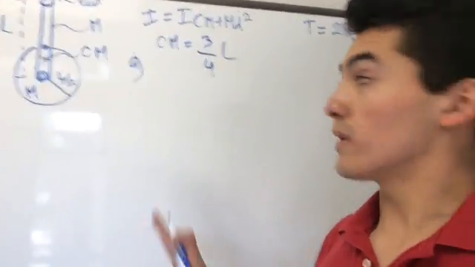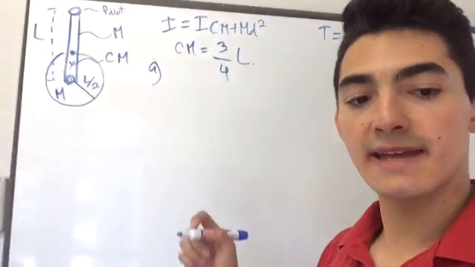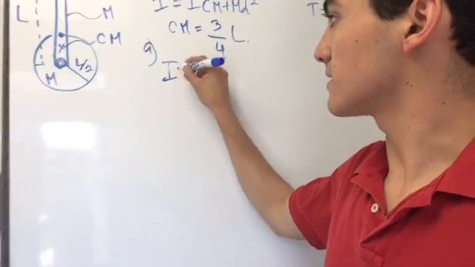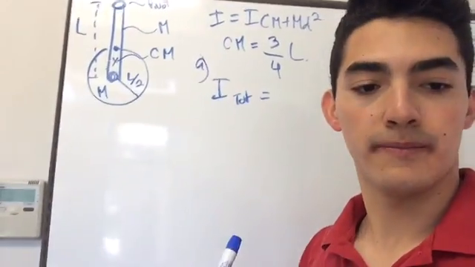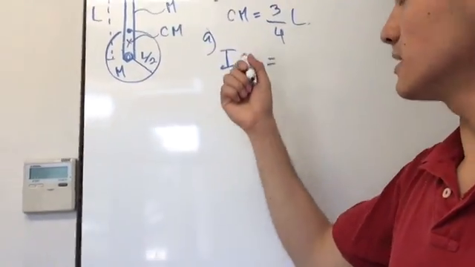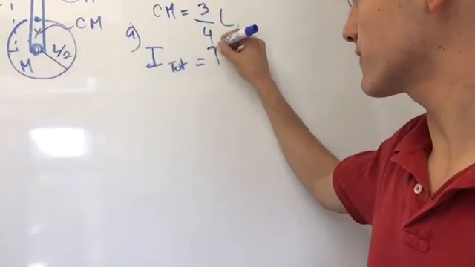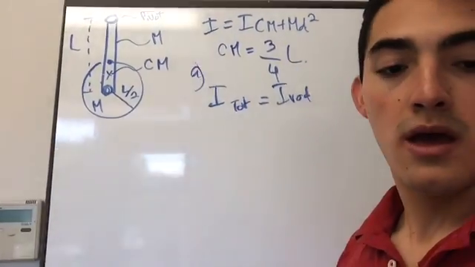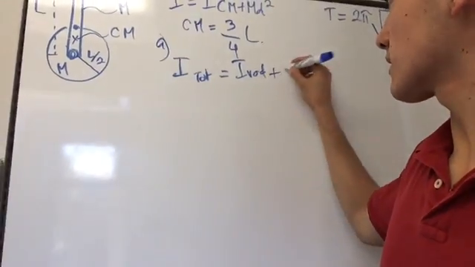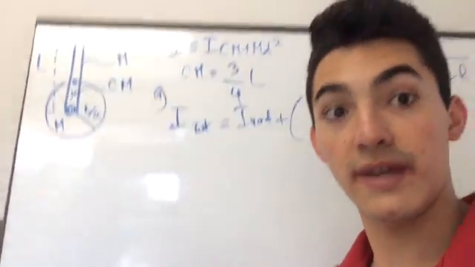Once we know this, we can use our theorem and say that the total inertia will be equal to the inertia of the rod plus the inertia of the sphere.